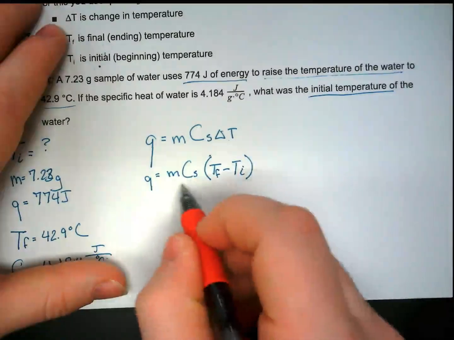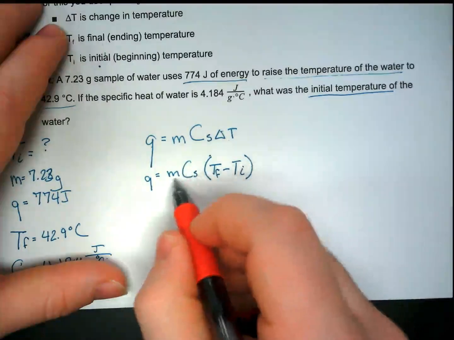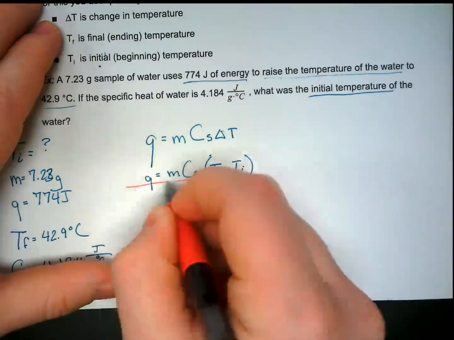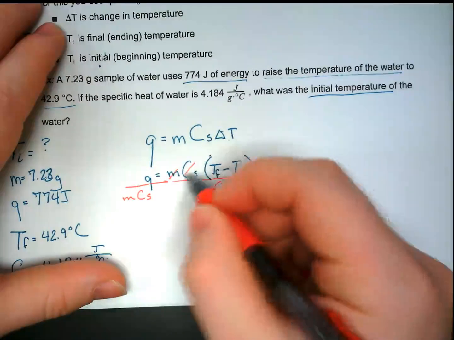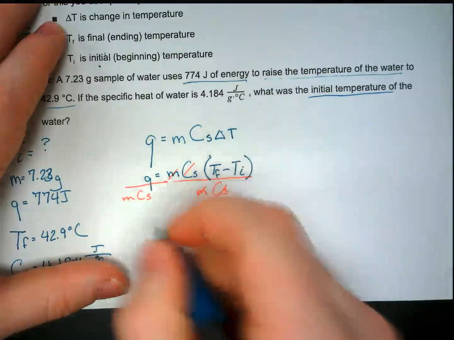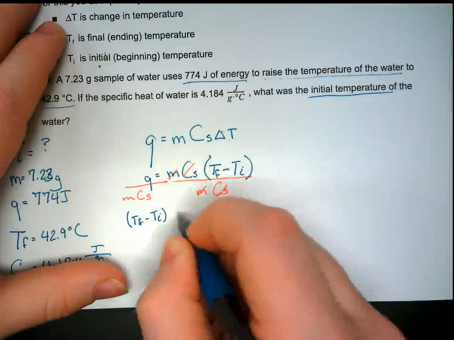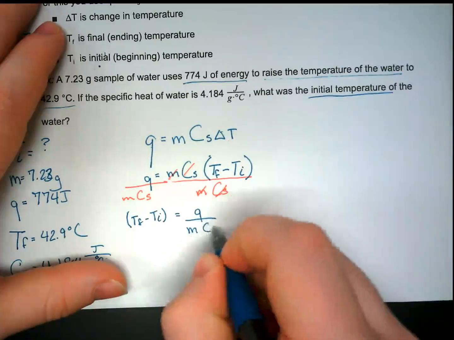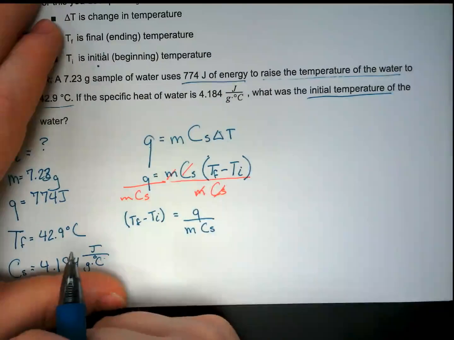Because M and C are being multiplied against these, I want to get them over here, so I have to divide on both sides. Then it cancels over here, and I put these over here. So the final temperature minus the initial temperature is equal to Q divided by M times C sub S. Okay, so I have that.